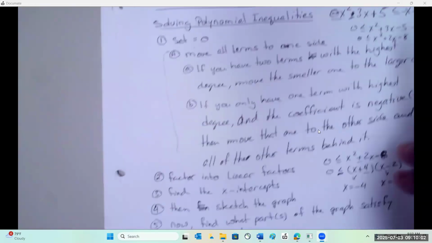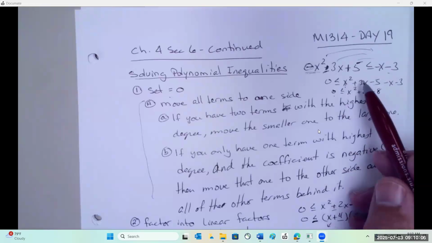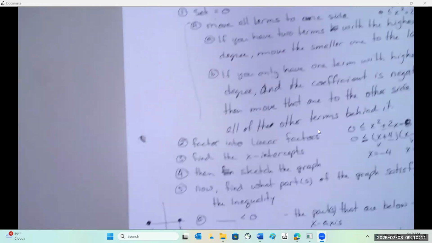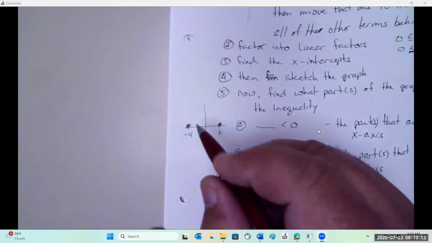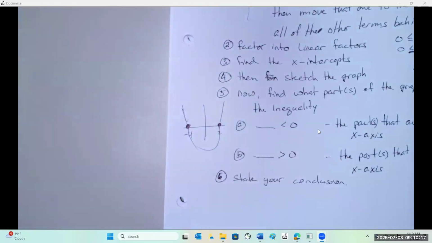Well, because we know the leading coefficient is positive, then we're thinking our graph looks like this.